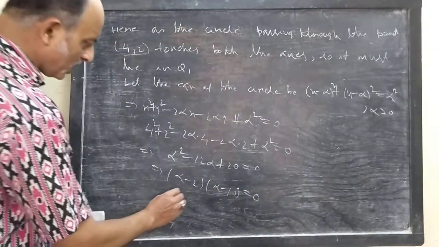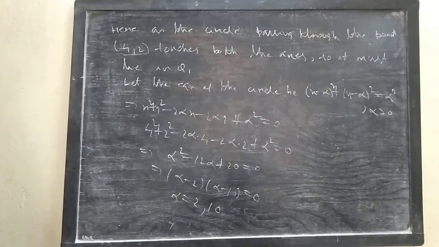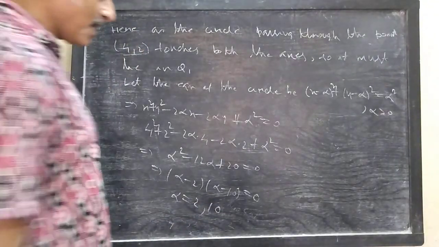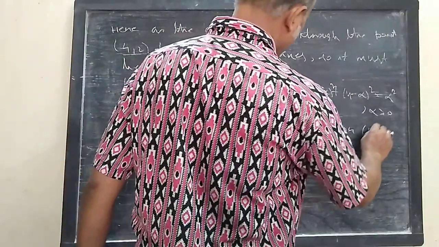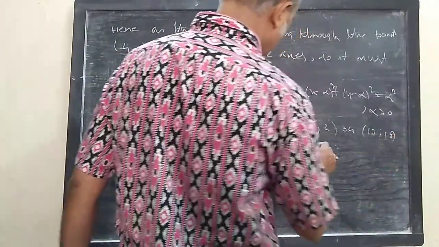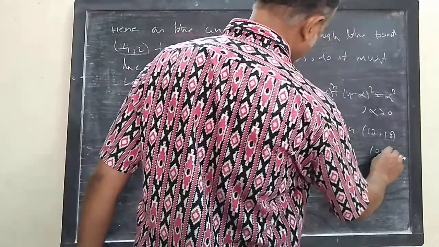So you get two values of alpha. One is 2, another is 10. So possible centers are at the points (2, 2) or at the point (10, 10), and the corresponding radii will be 2 units and 10 units.